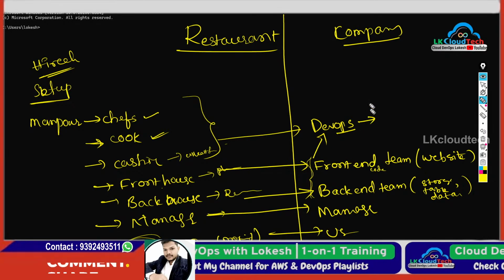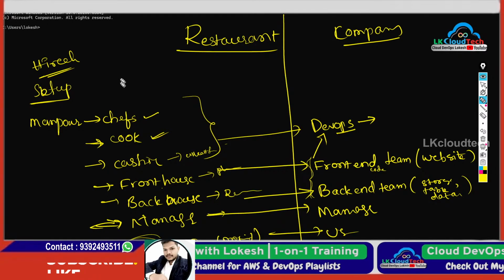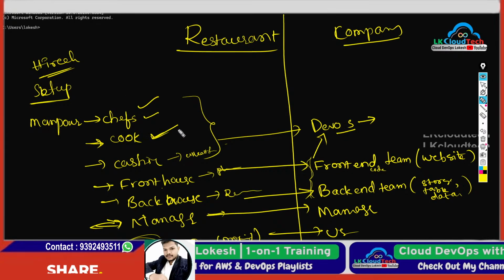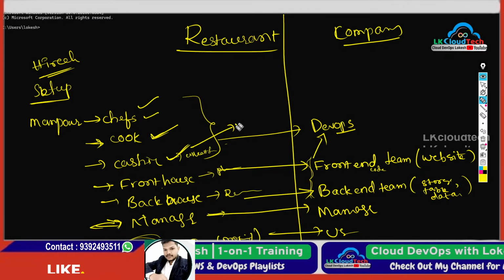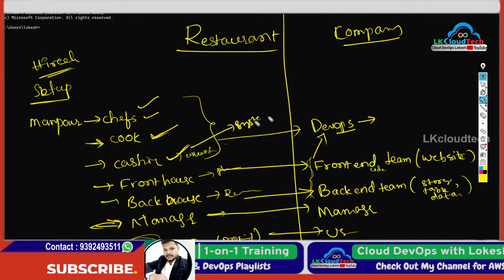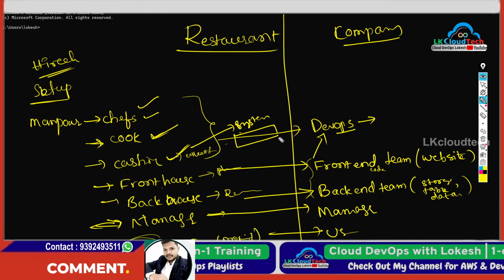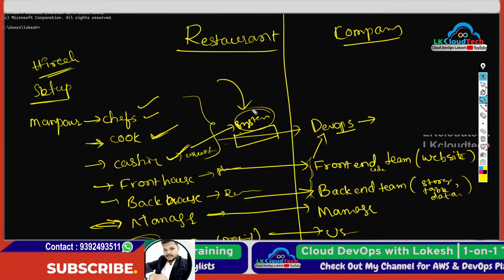Operations, for example: the manager gets an issue with the chef, some issue in cooking, some issue with the cashier, or the front end system is not working. They are entering the cash-related data but they got an issue. So the manager will come and check, right?